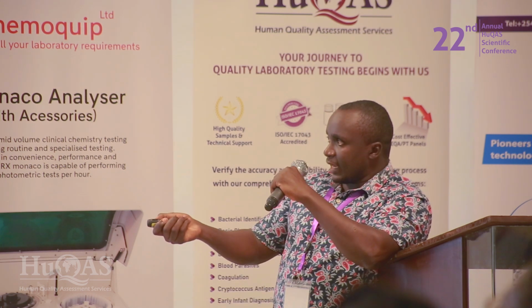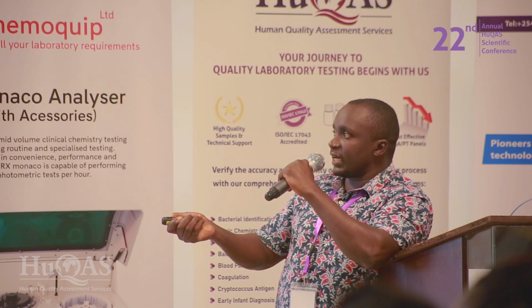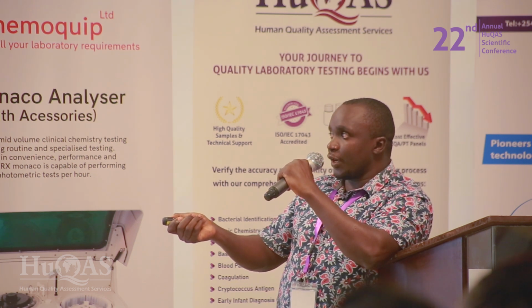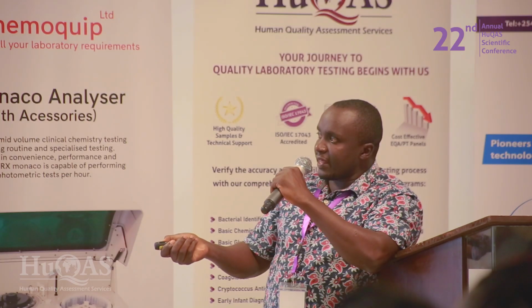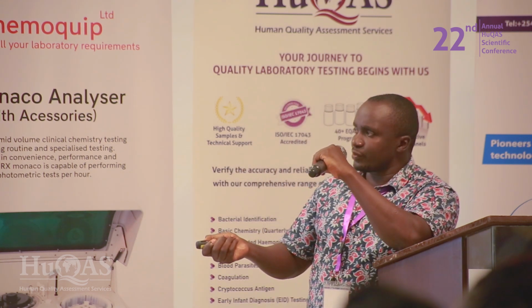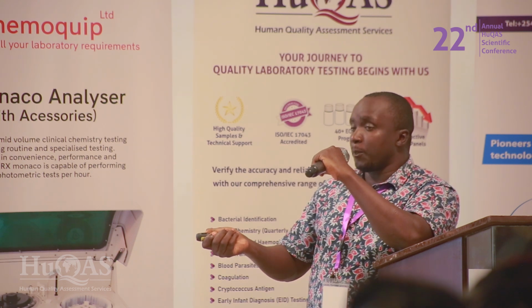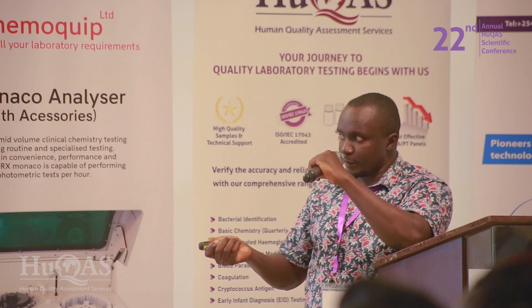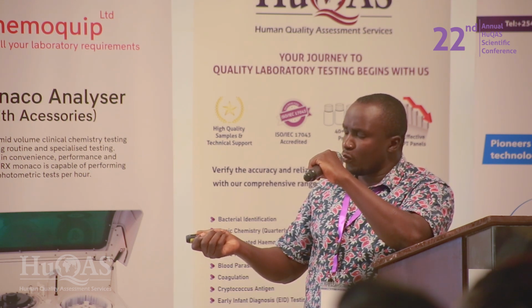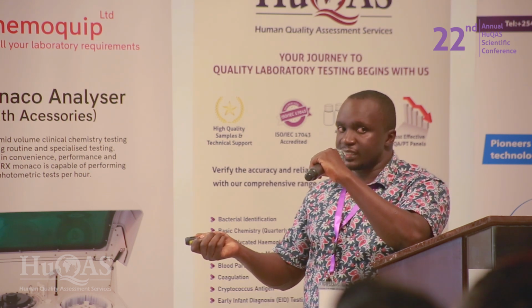We plotted the p-value for the coefficients here, and we found that the direction between anisocytes and prognosis was statistically significant. But for inclusion body, it was not statistically significant.